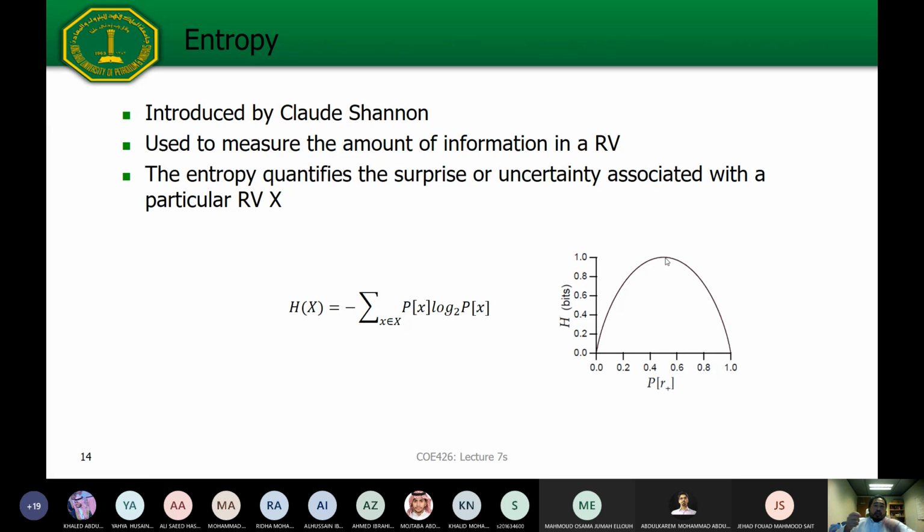However, if we say that the probability of getting head is 0 and the probability of getting tail is 1, when I throw the coin, what is the next outcome?